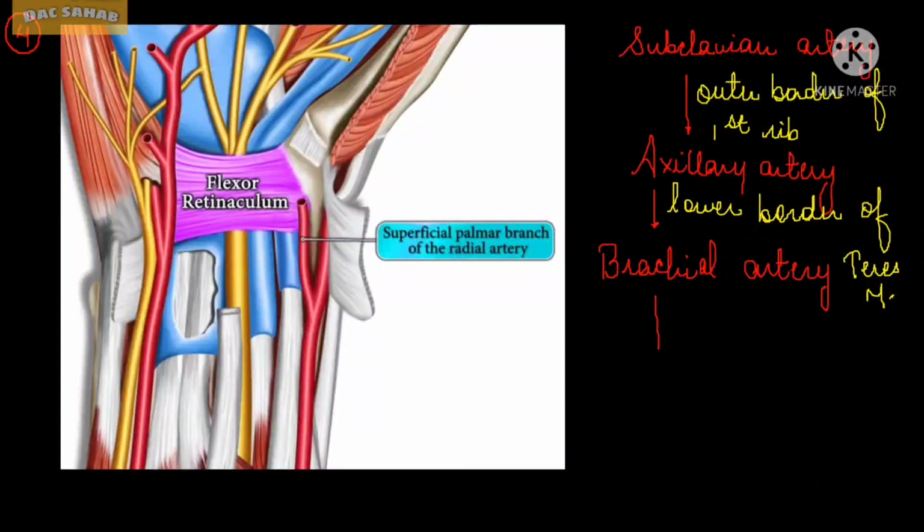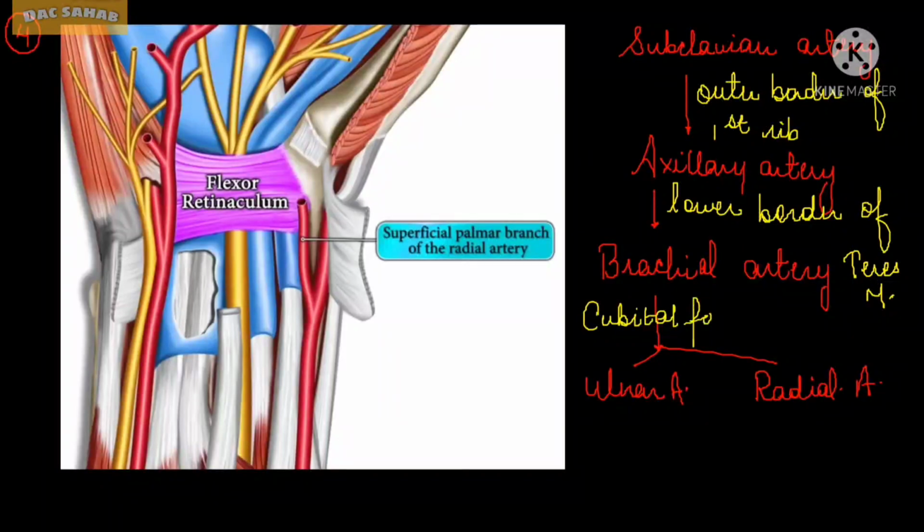The brachial artery continues as ulnar artery and radial artery from the cubital fossa, near the neck of the radius bone.